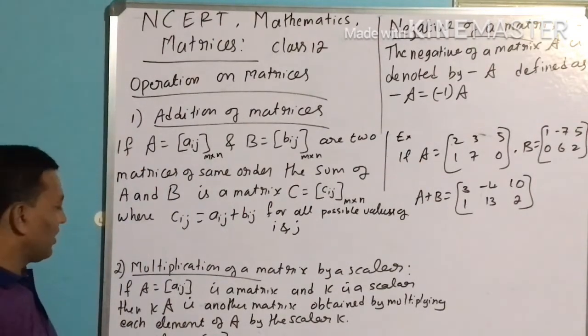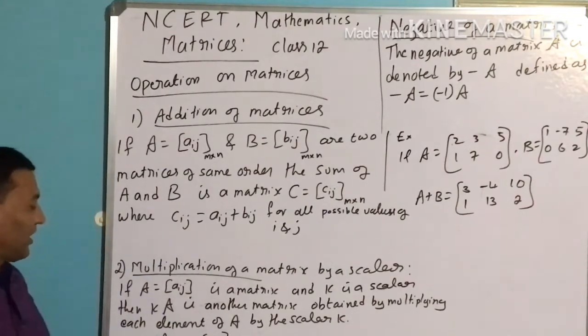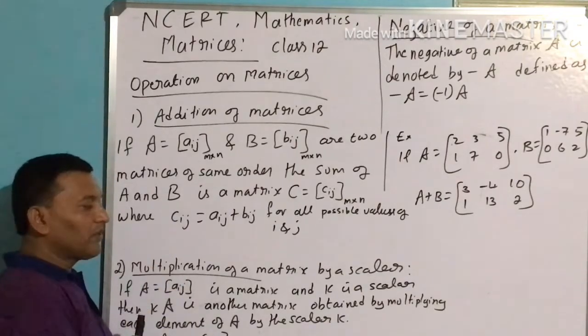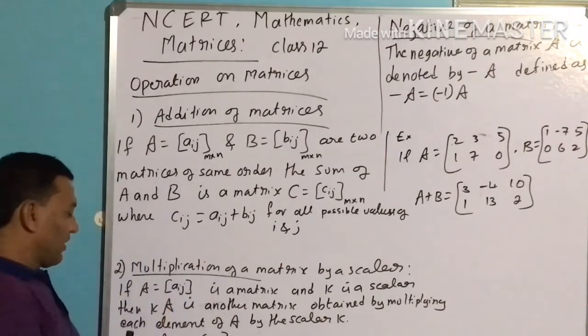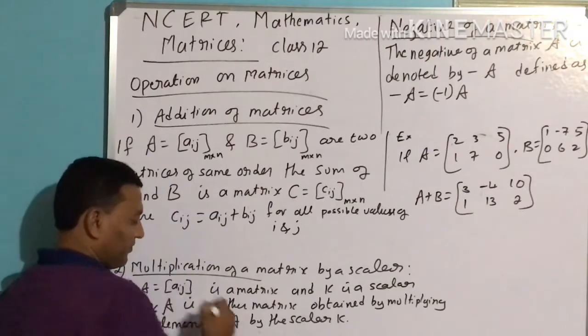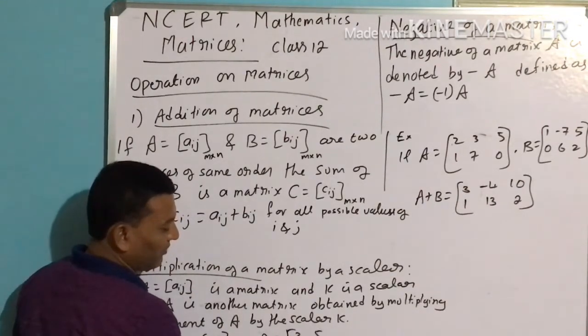multiplication of a matrix by a scalar. Here if A is equal to Aij is a matrix and K is any scalar, then multiplying the scalar to the matrix gives another matrix obtained by multiplying the scalar to every element of A. That is, KA is equal to K into Aij. For example, we will take A equal to 3, 5, 6, 2, 1, 0.